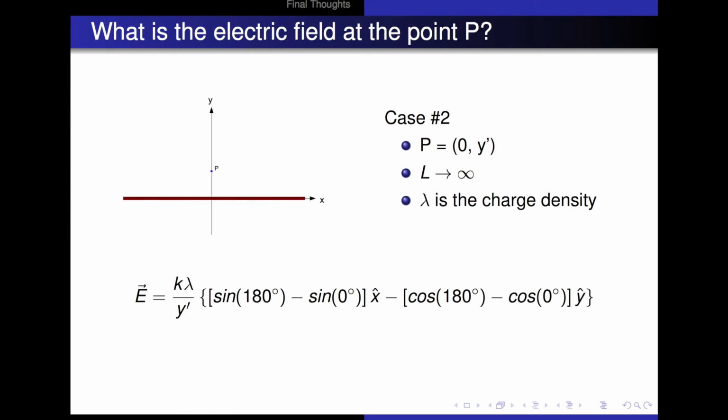It's kind of weird to think about, but if you're infinitely far away from the point P, you need to rotate 180 degrees to be aligned with it. And similarly, on the other side, alpha 1 is equal to 0 degrees. If you're infinitely far away, the angle is just going to be 0. So evaluating the sines and cosines, I get 2k lambda divided by y prime in the y hat direction, which is exactly what we get when we use Gauss's law.